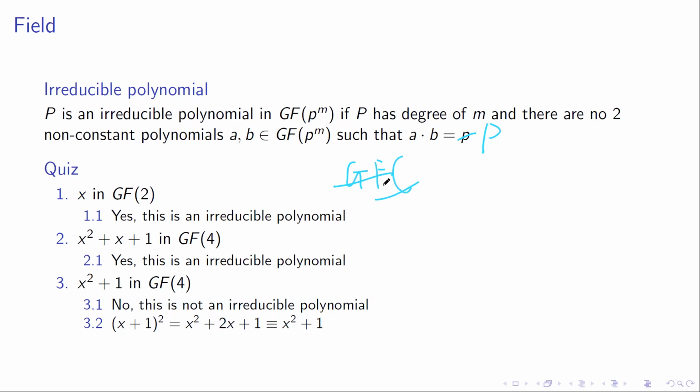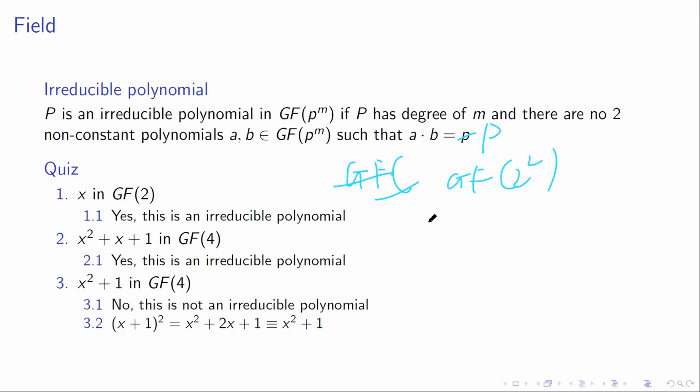I think there are some algorithms out there, but the easiest one that I have known so far is using a sieve. Let's say I want to find a polynomial for 2 to the power of 2.